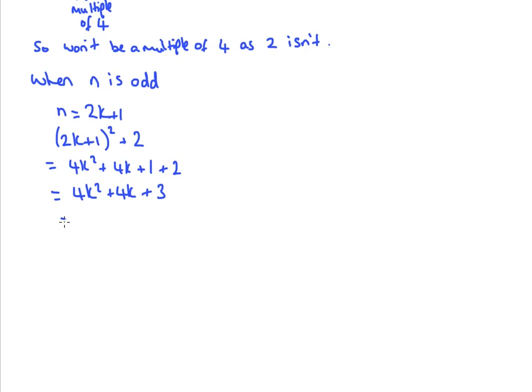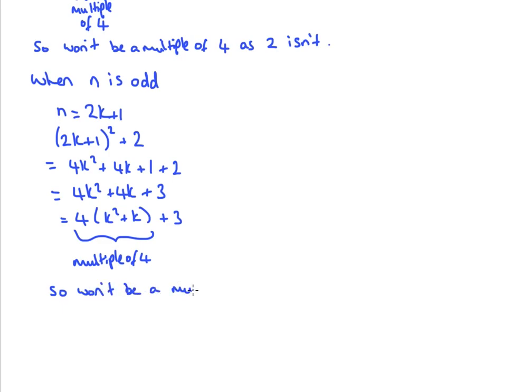And this is a multiple of 4. We can take that factor of 4 out here. But then we're adding on a number that's not a multiple of 4. So we've got a multiple of 4 here, but then the 3 isn't. So again, it won't be a multiple of 4 because 3 isn't a multiple of 4.